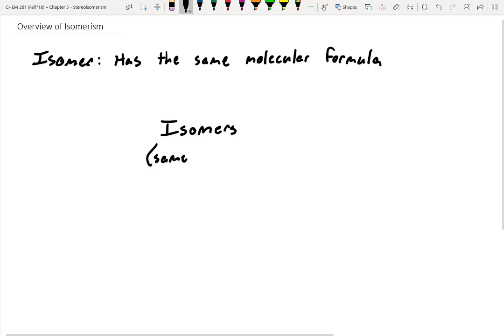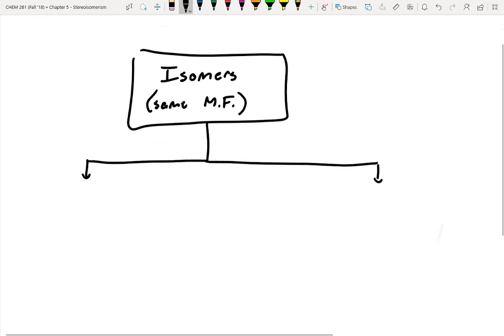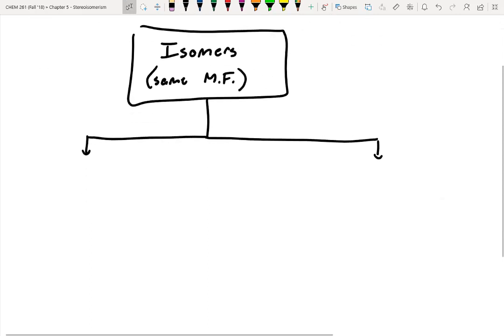And we'll just write same molecular formula, just so we remember that. And then we're going to branch this out into different classes of isomers. The first class we actually saw, I think during our first week of class, where we had completely different structural connectivity, but same molecular formula. What do we call that? Constitutional isomers. Okay, and so these have a different connectivity.